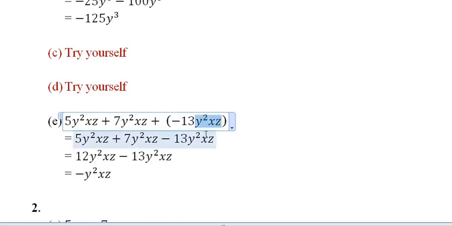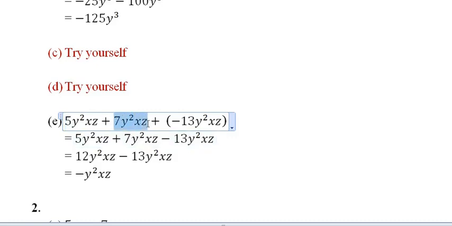When the variables are the same, just focus on the constants, the numbers given here: 5, 7 and 13. This monomial is a positive expression, and this is also a positive expression.